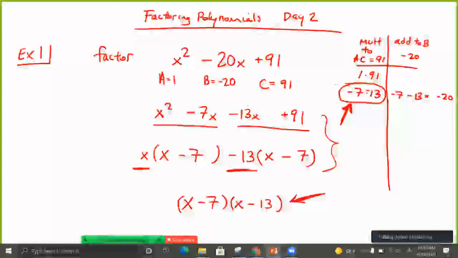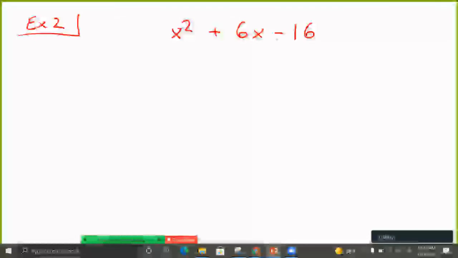Let's try another one. Example 2, x squared plus 6x minus 16. Now remember, if the C number is negative, that means when the two binomials multiplied together, one of those was negative, one was positive.